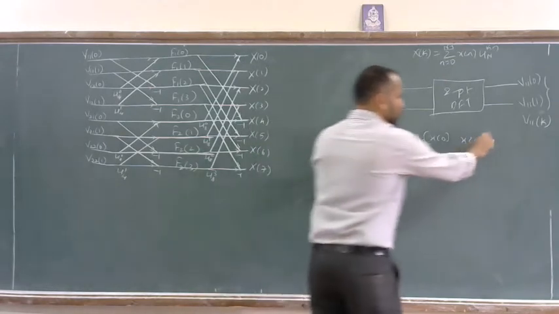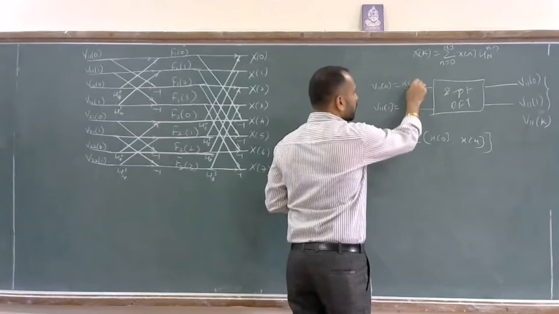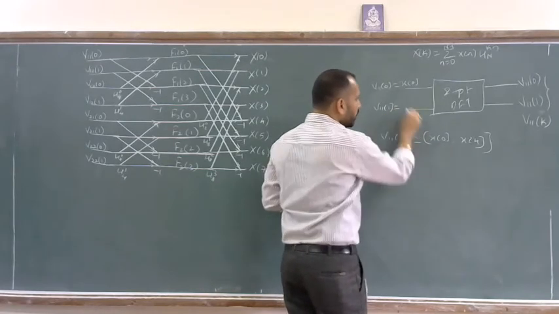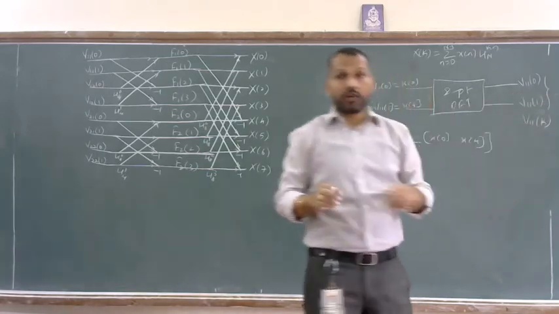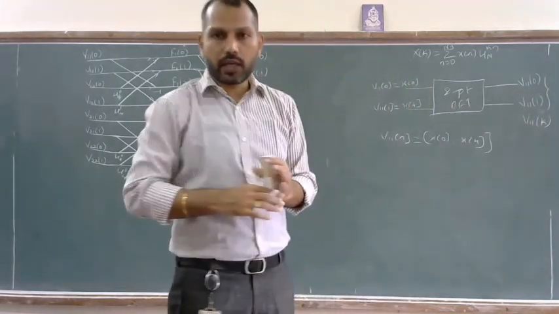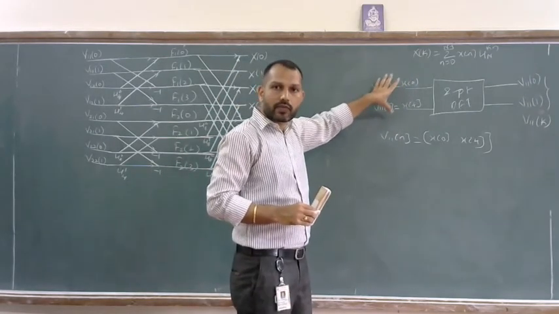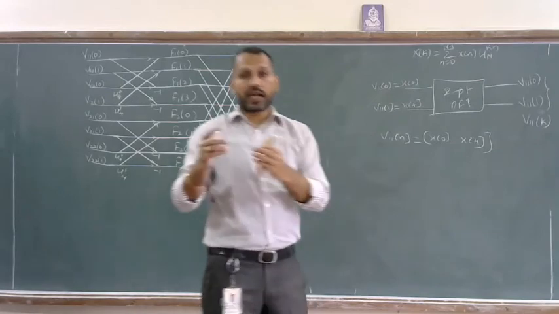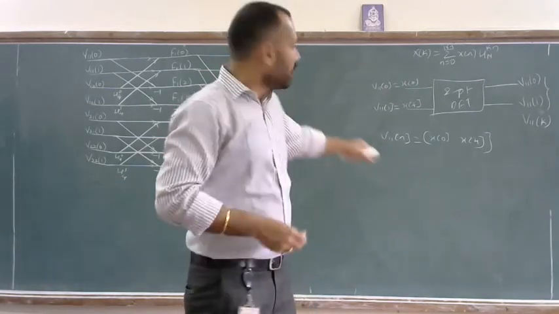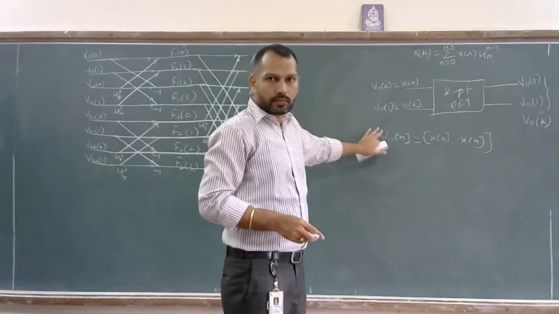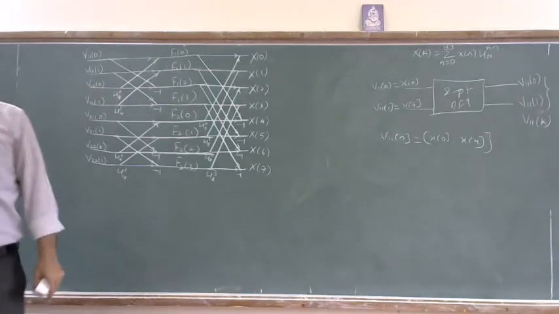So v11 of 0 will be equal to x of 0 and v11 of 1 will be equal to x of 4. So basically, the capital V11 of k 2-point DFT will be calculated from the samples of the sequence x of n itself. Because we are decimating them into smaller sections stage by stage, we use these notations to represent them. That's all. Okay, so using the DFT equation, how do we calculate the DFT?